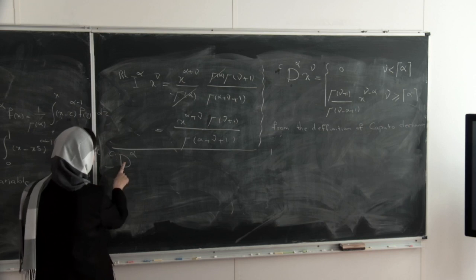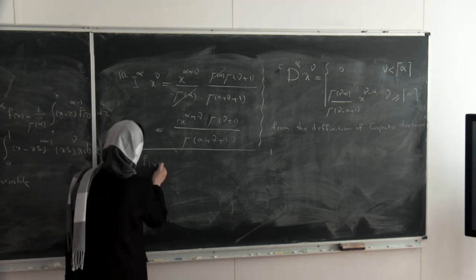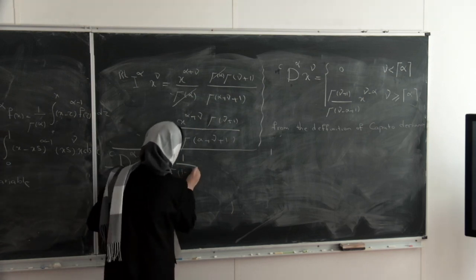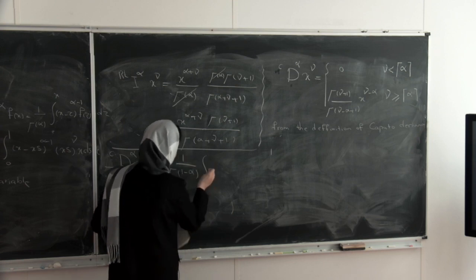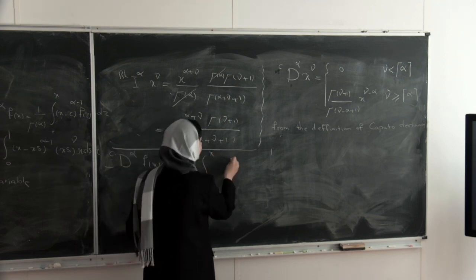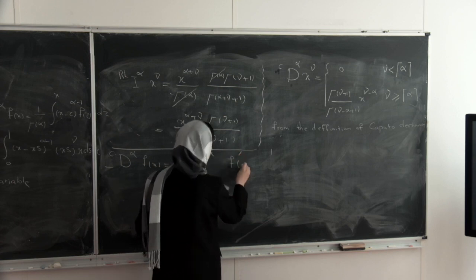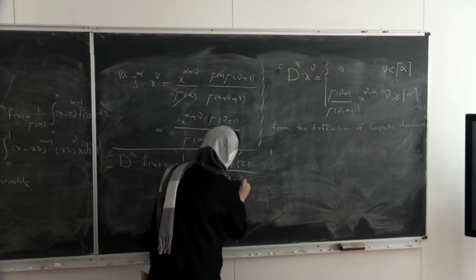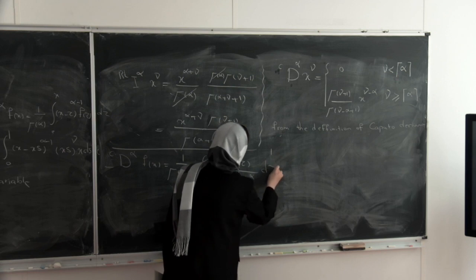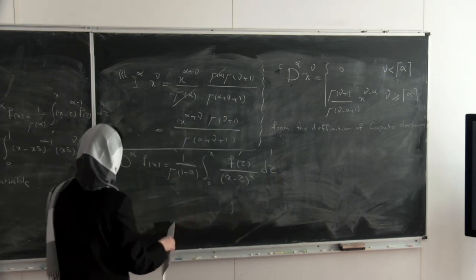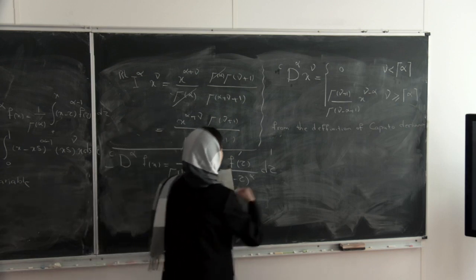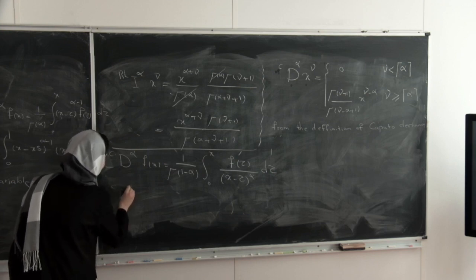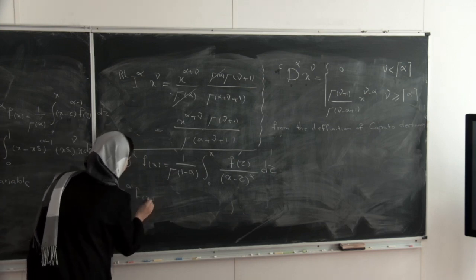The Caputo derivative of order alpha of f of x is equal to 1 divided by gamma of 1 minus alpha times integral 0 to x, the derivative of f of tau divided by (x minus tau) to the alpha d tau. Okay, now we want to find this. So we have the Caputo derivative of f(x) of order alpha.